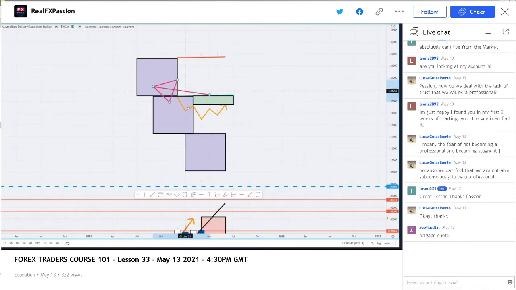This is the mentality of a beginner trader and of many intermediate traders, maybe not advanced. Advanced traders are clear about this. But beginner traders and many intermediate traders, meaning they have a lot of technical knowledge already, still think, well, the market's going against me, I need to close the trade.